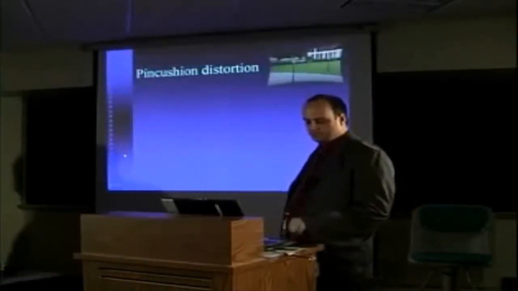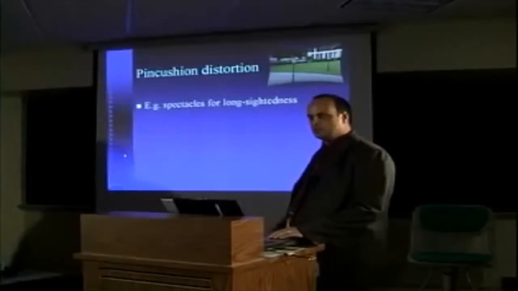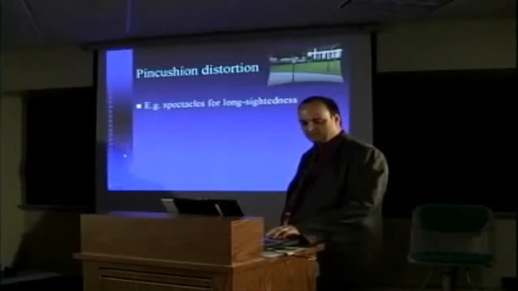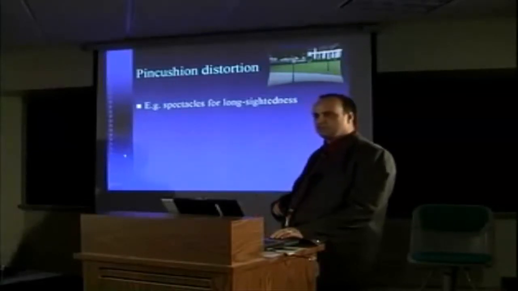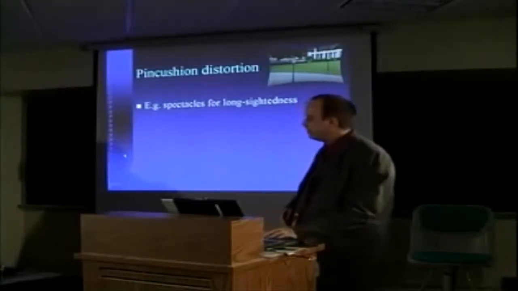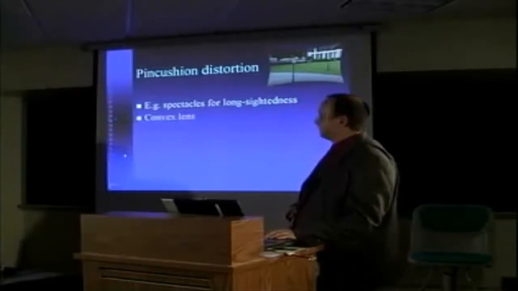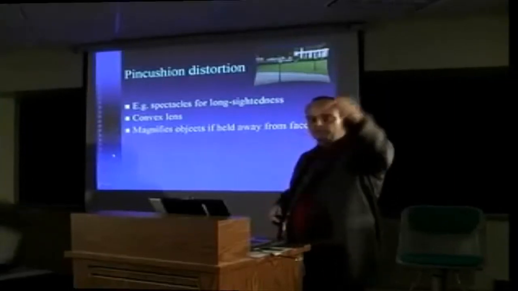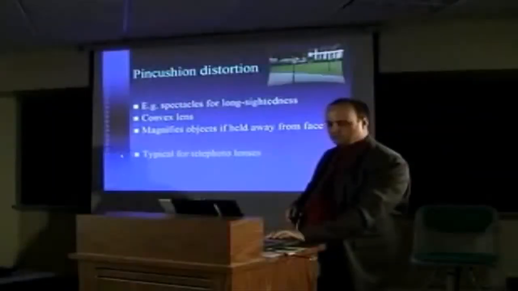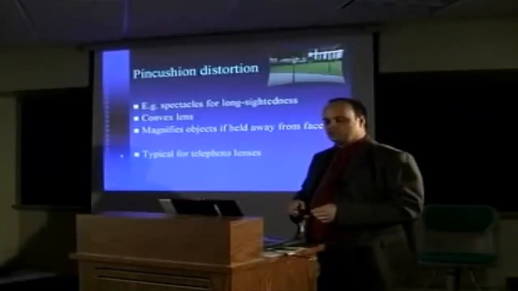Pincushion distortion is, as you'd expect, the opposite. If you're long-sighted, you use those terms here, don't you? Short-sighted, long-sighted? Right. Far-sighted, near-sighted. Okay, so this is the opposite case. You've got convex lens, and if you hold it up, it magnifies, which is what you're trying to do with a telephoto lens.